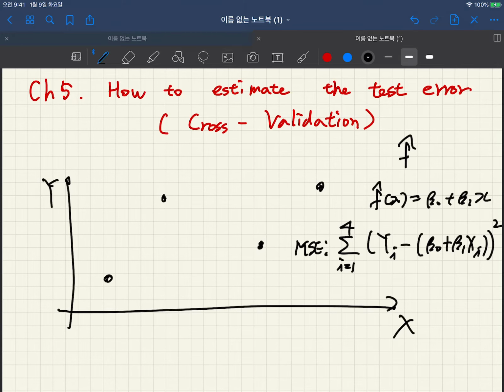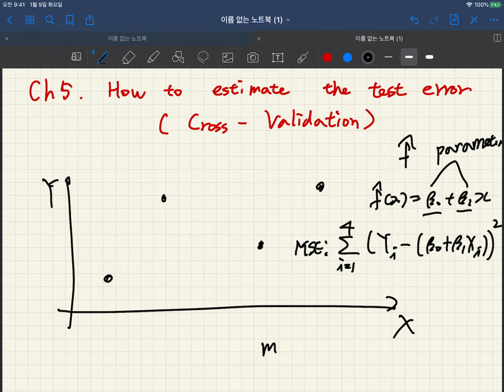So here we can control beta 0 and beta 1. And the beta 0 and beta 1, they are parameters. Essentially, we optimize this MSE loss function.